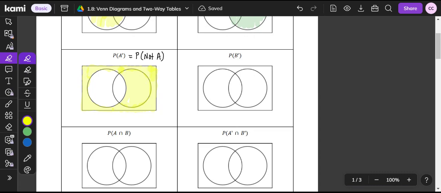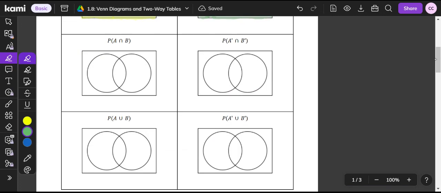All right, if we think about the probability of not B, it's very similar, except we're filling in the other circle. So again, just the part of the circle that's not touching B at all, and then all the surrounding area. So something like this. That's the probability of not B.